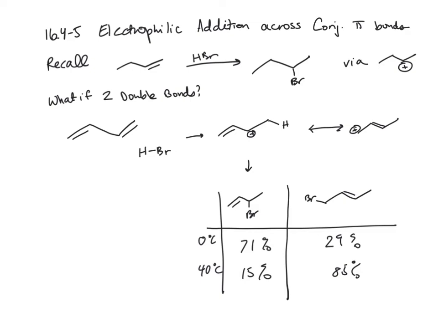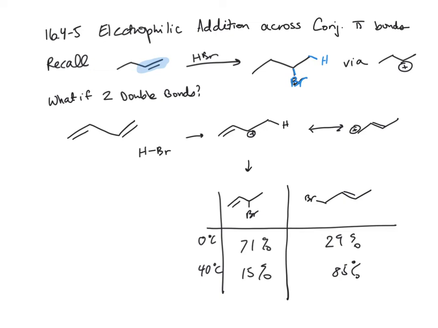And before we are asked to look at what happens with conjugated pi systems, we are reminded of the mechanism of the addition of hydrobromic acid across a pi bond. And what we know is that when we have a conjugated pi bond, we're going to get Markovnikov addition of the hydrogen and the bromine across that pi bond.